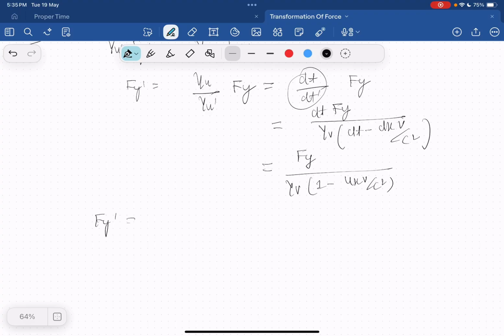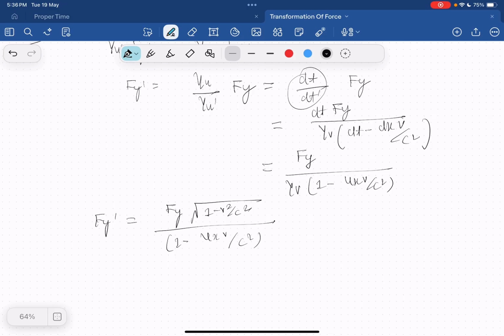So this comes out to be fy prime is equal to fy under root 1 minus v square by c square, divided by 1 minus ux v by c square.